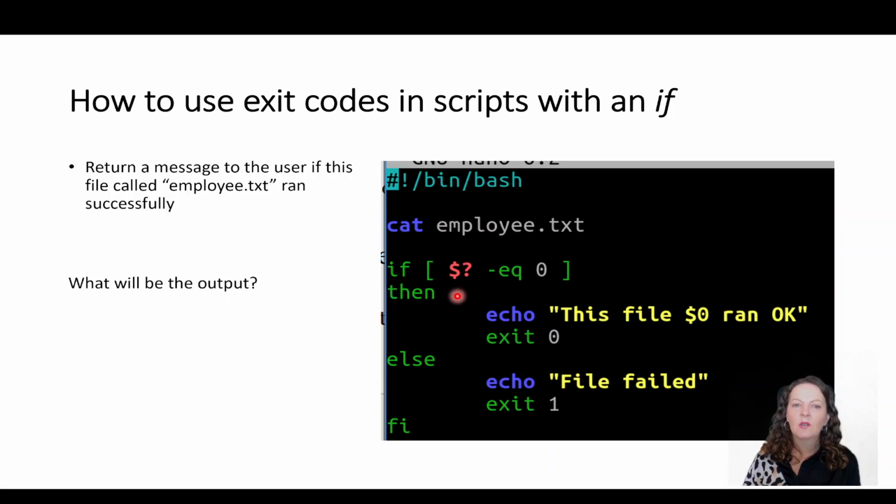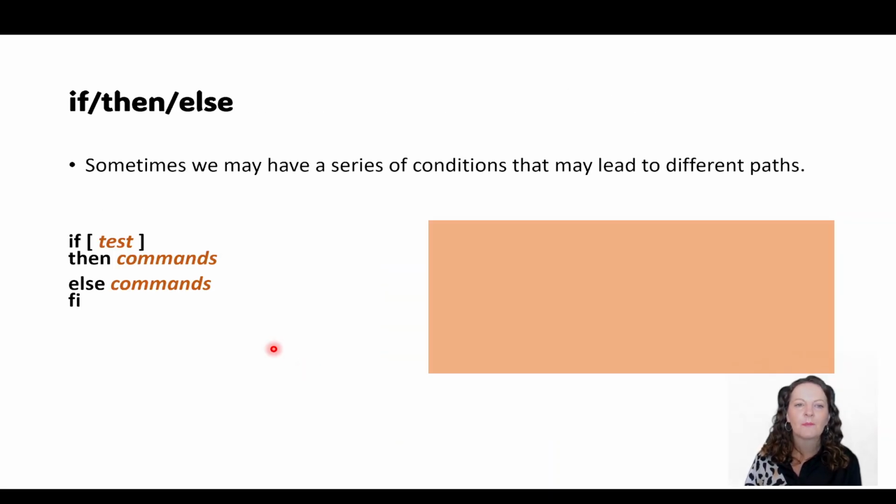If your $? exit status is 0, the file, whatever the file name is, ran okay. And the exit of 0, remember that's the success, isn't it? Otherwise, oopsie daisies, your file has failed, so you can exit. So your exit code of 0 is success. Otherwise, it's anything else, generally a 1 if it's a failure.